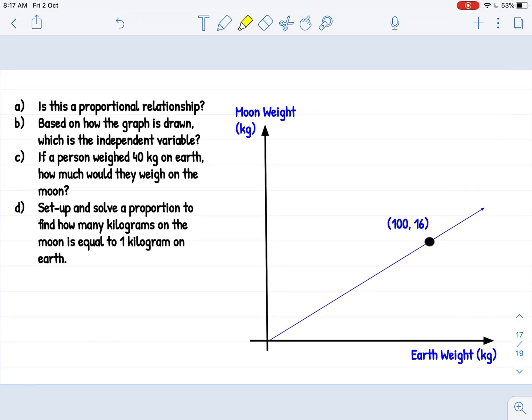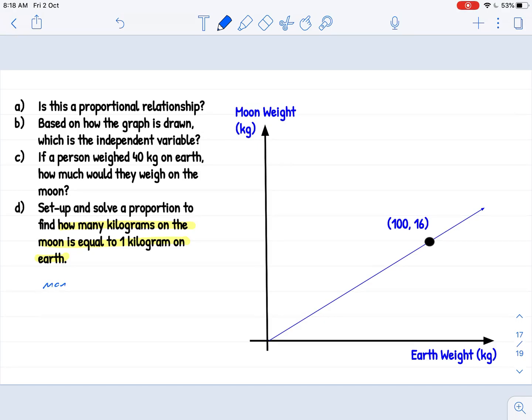All right, so in this last question, I want you to set up and solve a proportion to find out how many kilograms on the moon is equal to 1 kilogram on Earth. Okay, so for this one, I'm going to start with labeling.